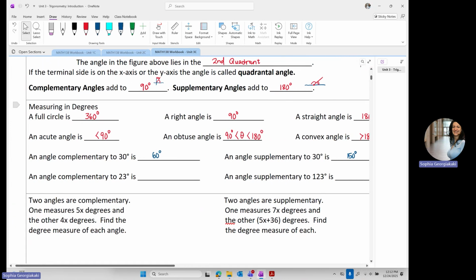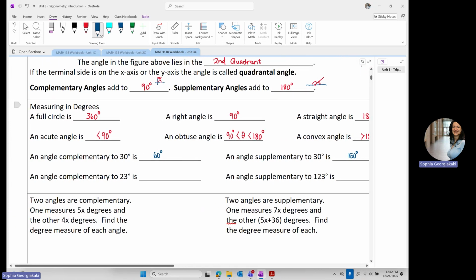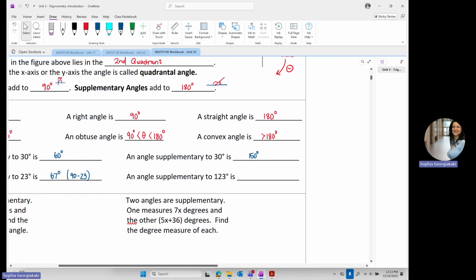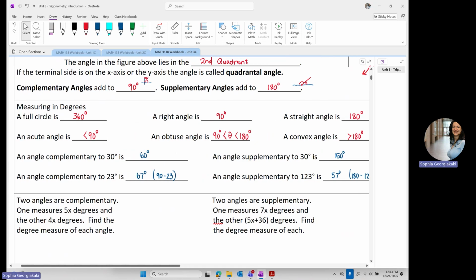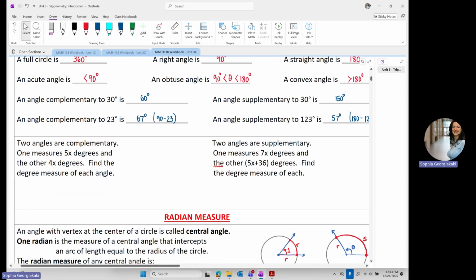An angle that is complementary to 23 will be 67 degrees, and I will find 67 if I do in my calculator 90 minus 23. An angle supplementary to 123 degrees will be 57 degrees. I will find 57 if I do in my calculator 180 minus 123.